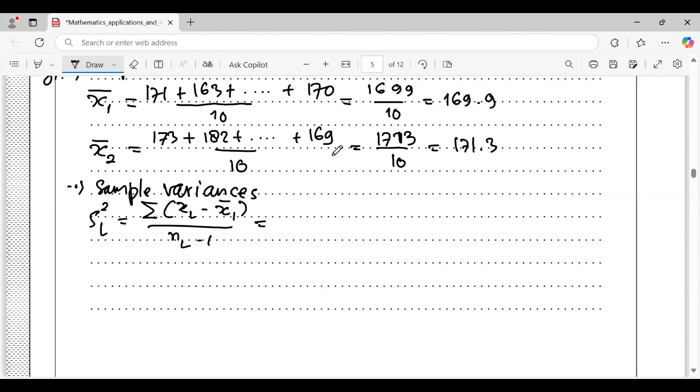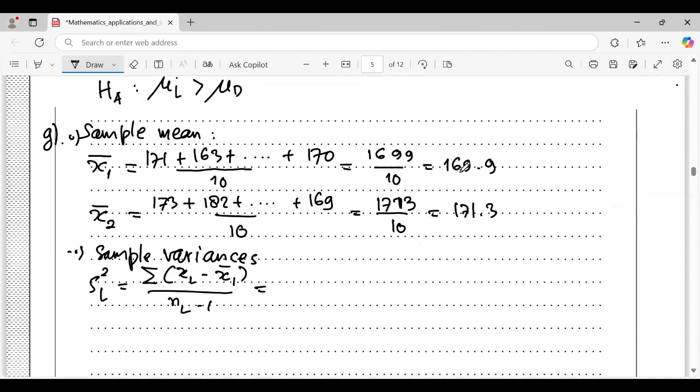If you calculate, this is the mean: 171 minus 169.9 squared, plus 163 minus 169.9 squared, and so on until 170 minus 169.9 squared.